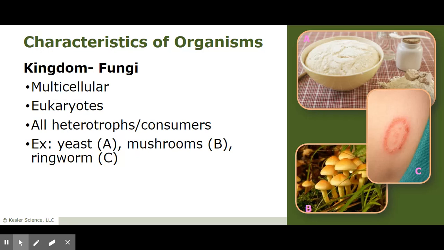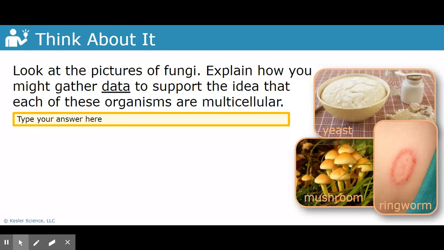Then we have our fungi kingdom. It's multicellular, it's eukaryotes, it's found in all heterotrophs and consumers. Examples are yeast, mushrooms, and ringworms. Look at the picture of fungi and explain how you might gather data to support the idea that each of these organisms is multicellular.